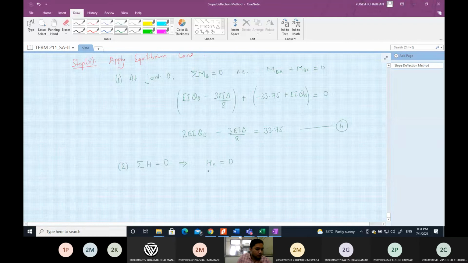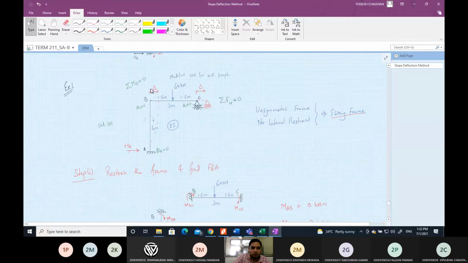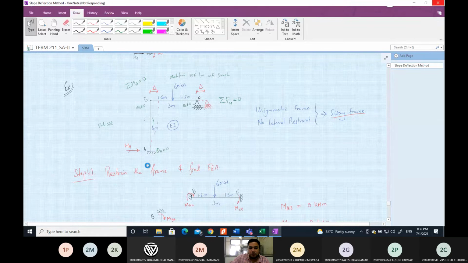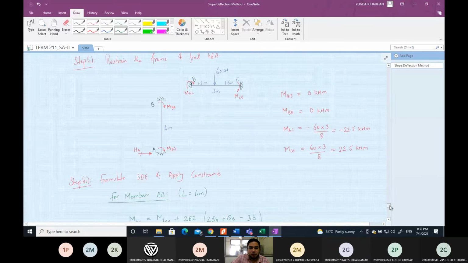Now you formulate the expression for HA taking moment at B. You will have HA into 4 with a minus sign, because it will cause an anticlockwise moment, plus MBA plus MAB equal to 0.